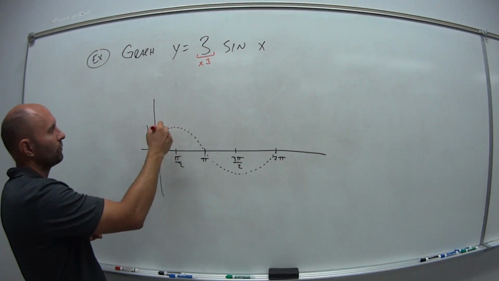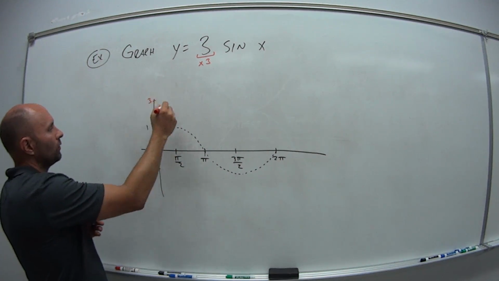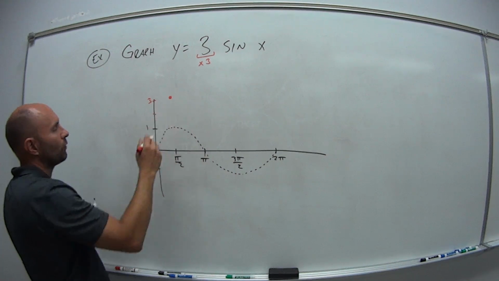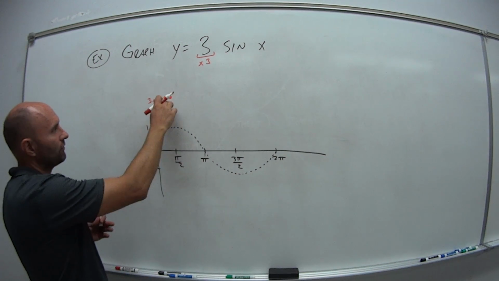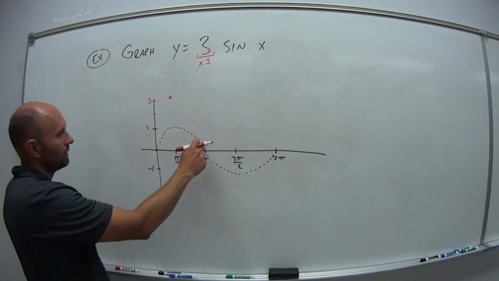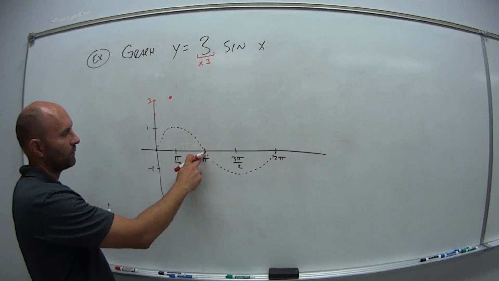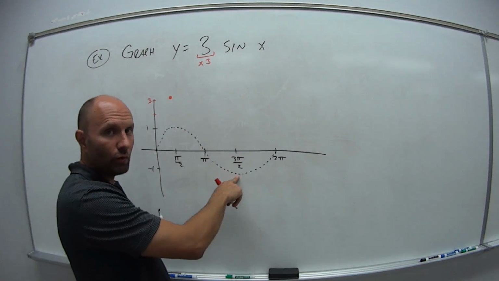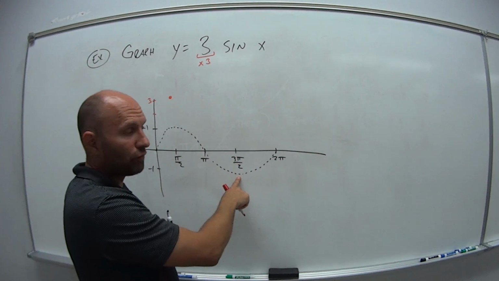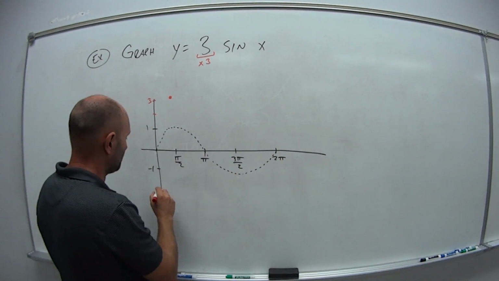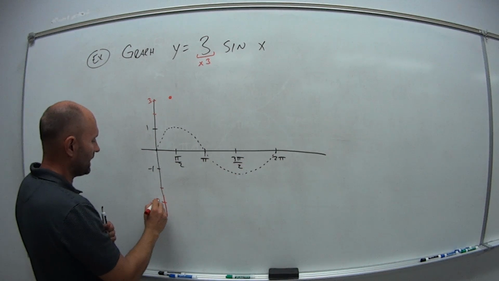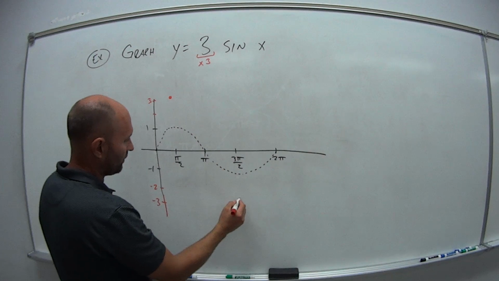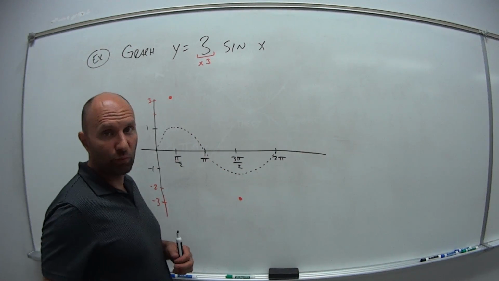So 1 times 3 is 3, which gets me as high or as far away from this graph as 3 units. Here I'm back to 0. 0 times 3 is still 0. But now here at 3 pi over 2, my value was -1, but -1 times 3 is -3. So this comes down as far as 3 units.